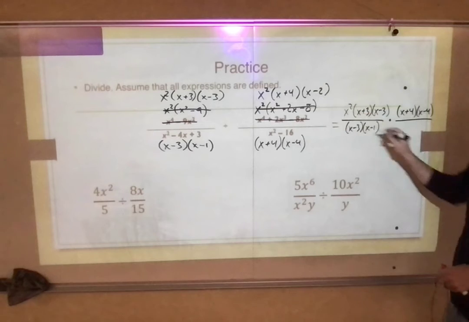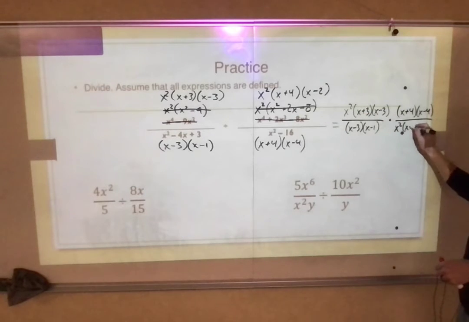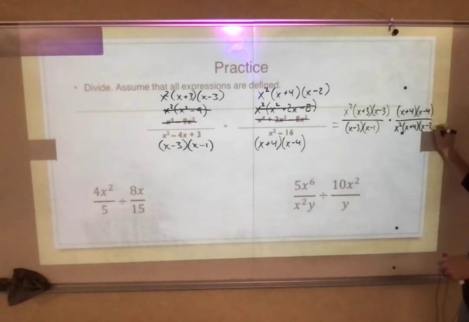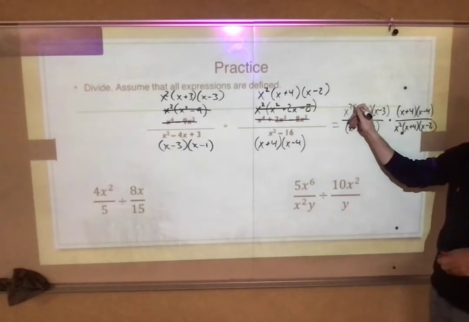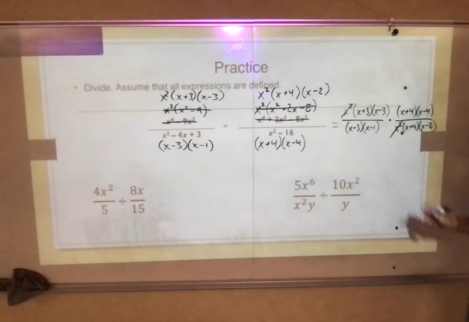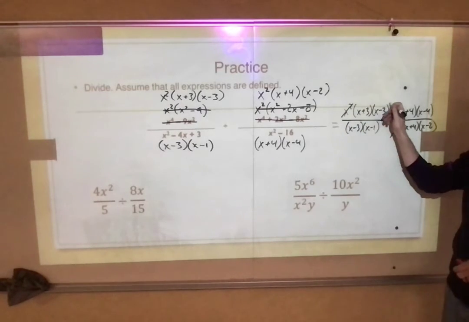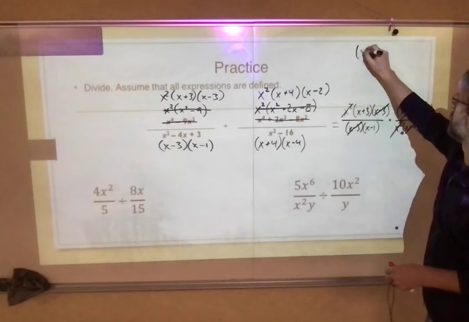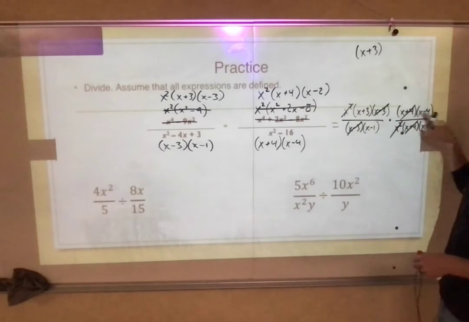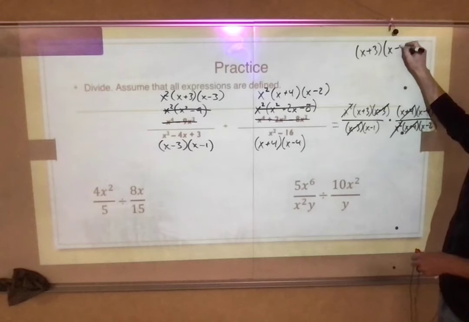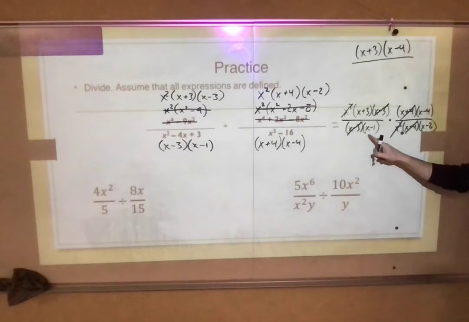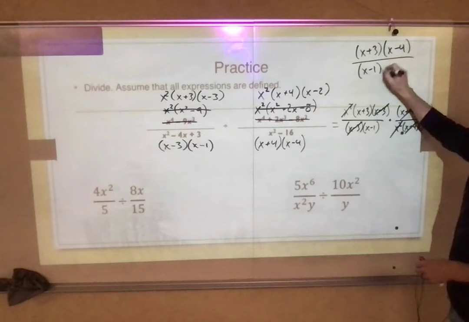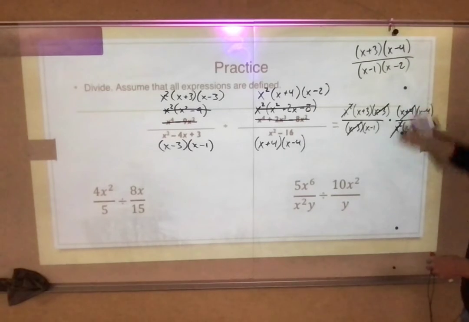And this is going to be our denominator, x squared plus 4 minus 2. And now I just got to cross out everything that matches. I've got an x squared here that cancels this x squared. I've got a minus 3 that cancels this minus 3, and I've got a plus 4 that cancels this plus 4. And my final answer, x plus 3 and x minus 4 for my numerator, and my denominator, x minus 1, x minus 2, like that.